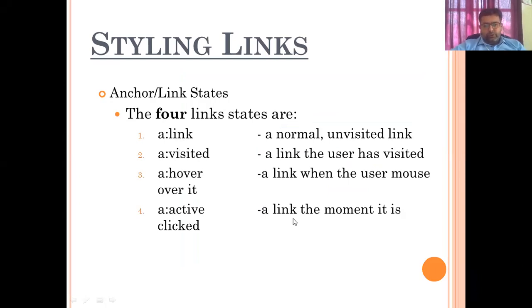And active, so a link at the moment it is clicked, right? So four different states. Link is normal, visited, hover means whenever you put the user's mouse cursor on it, and the other one is active, the link at the moment it is clicked. So we know that sometimes we visit particular websites using hyperlinks.